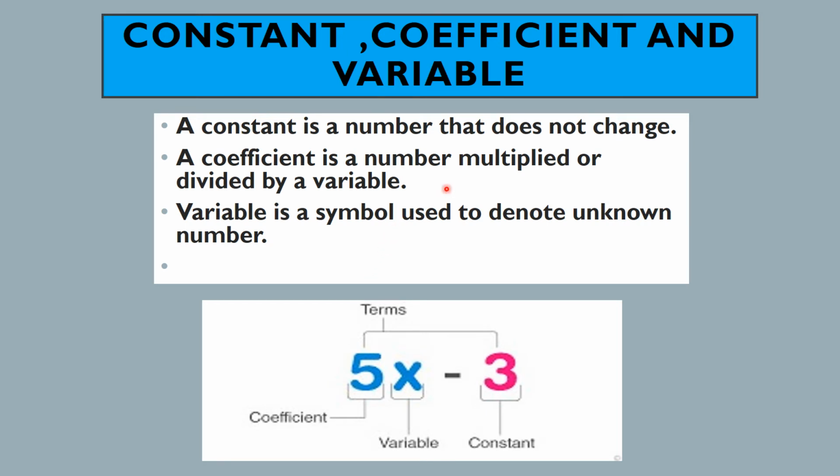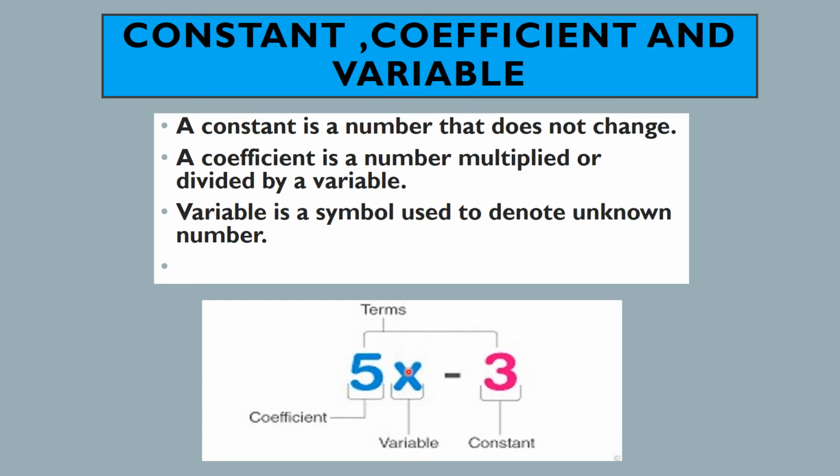Now let us understand by definition what is constant, what is coefficient and variable. A constant is a number that does not change, right? As I told just now, the number standing all alone is the constant. It cannot change. A coefficient is a number multiplied or divided by a variable.